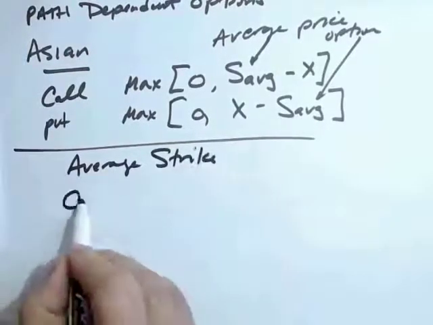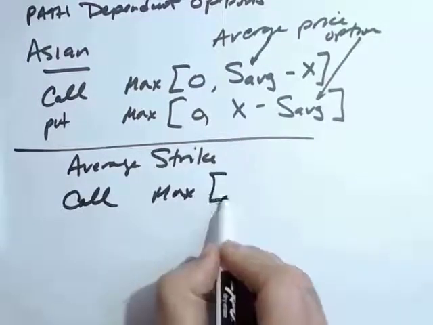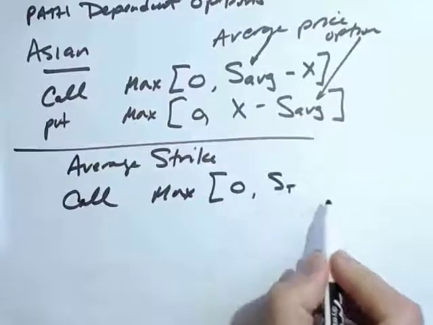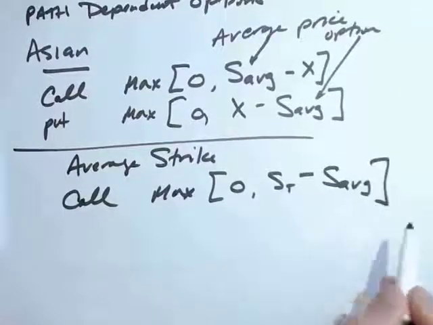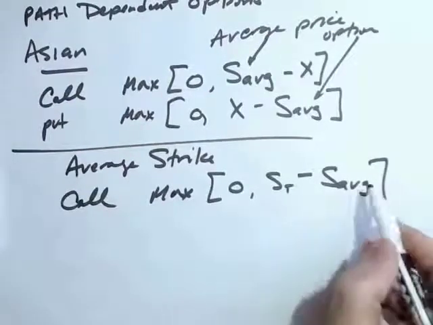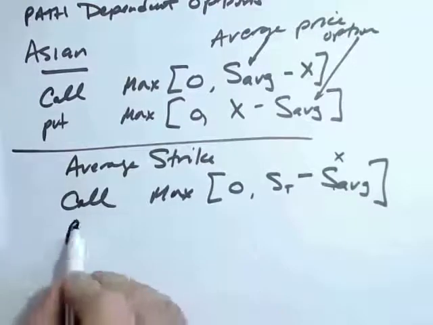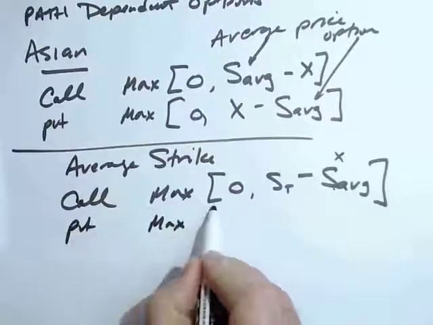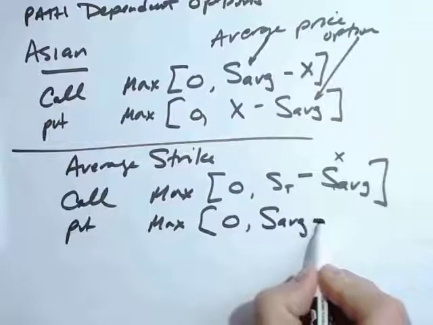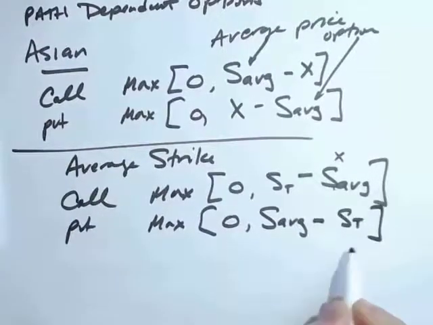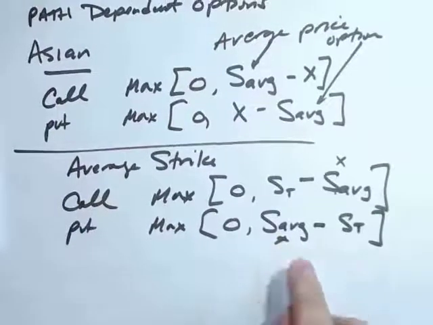For the call, the payoff would be the maximum of 0 or the stock price at expiration minus the average of the stock price. So the average is taking the place of X. And for the put, it would be the maximum of 0 or S average minus ST. Again, the replacement for the strike is the average stock price.